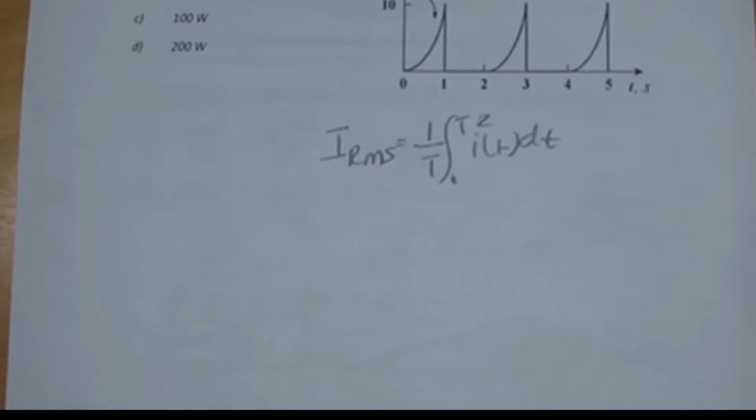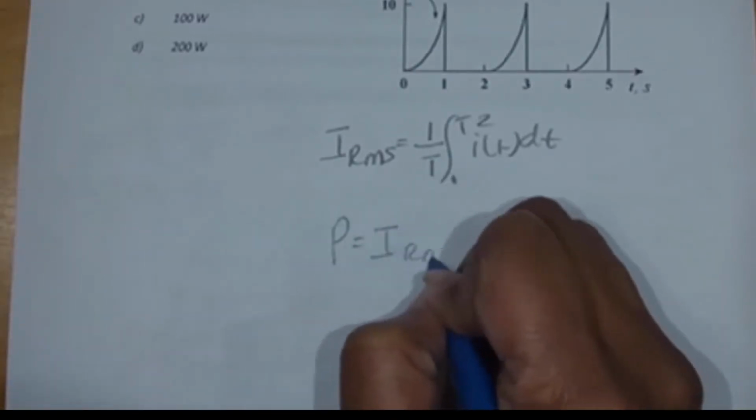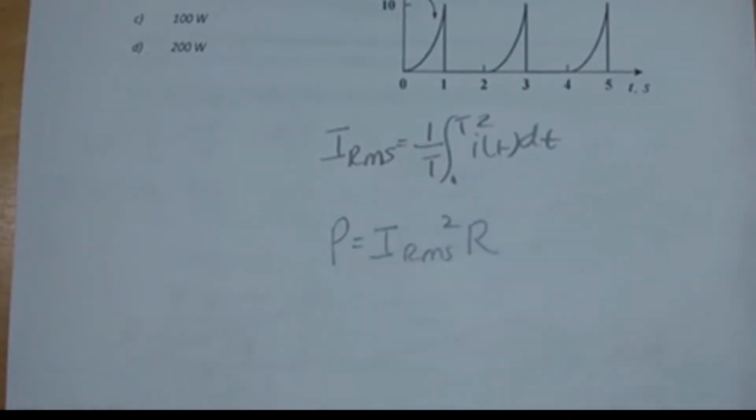And I'm trying to find the power delivered to a resistor. So the power is going to be IRMS squared times R. Oh, yes, it is IRMS squared. Thank you, Drew. So IRMS squared is 1 over the period, the integral over 1 period, I squared of t dt.